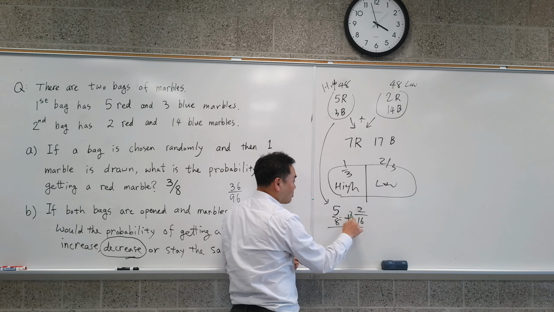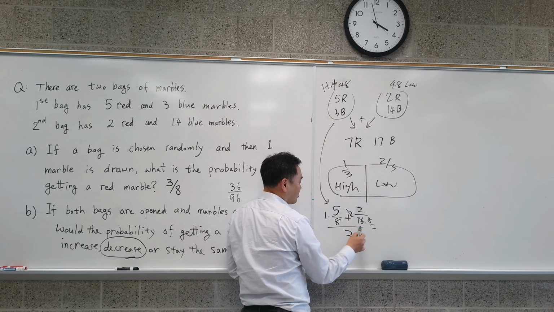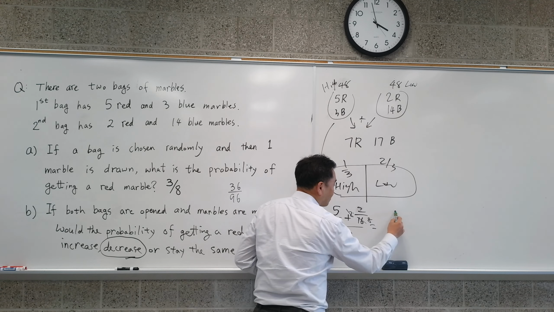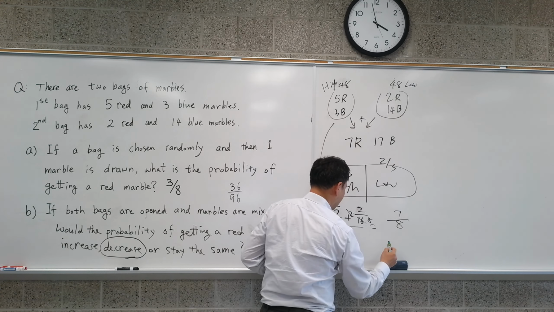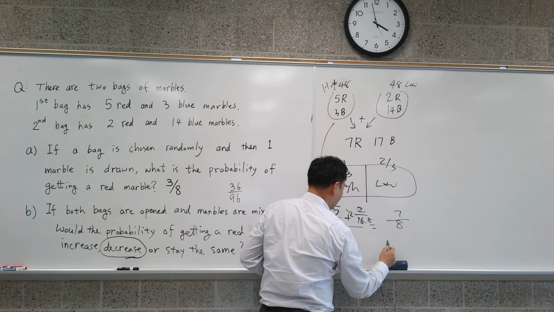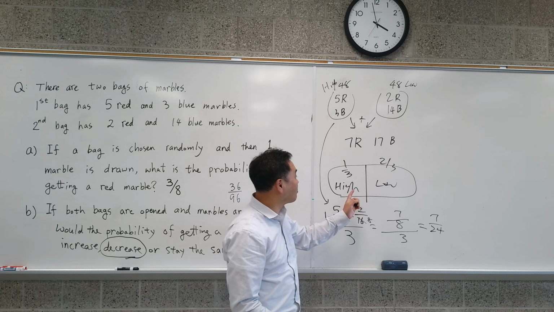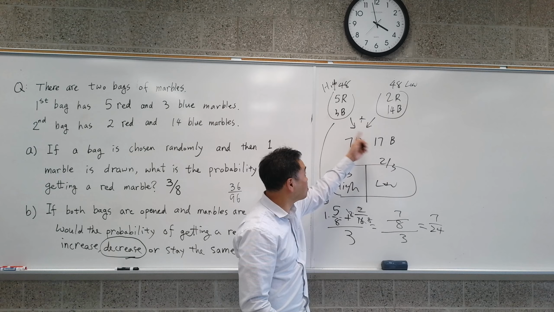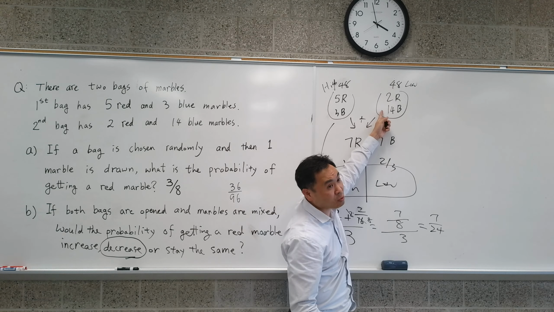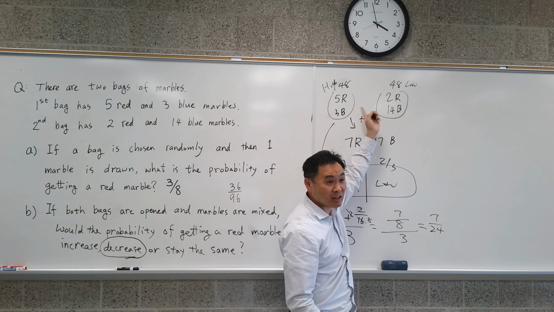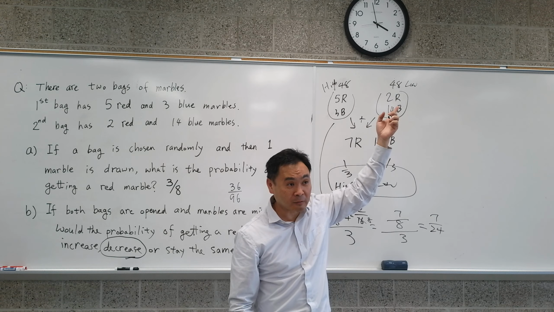If you do it this way, 2 and 16 cancels to give you 8. 5 plus 2 is 7, so you have 7 out of 8 divided by 3, and you multiply 3 by 8, and that's 7 out of 24. So you have a weighted average of the two probabilities where this one is weighted twice as much as this one. That's why the probability goes down.